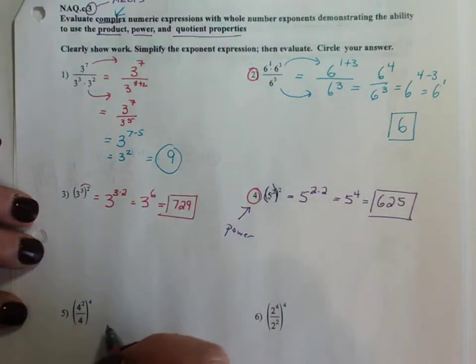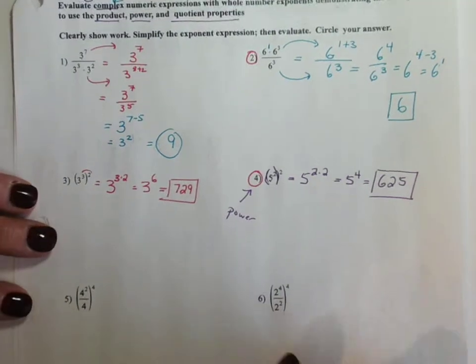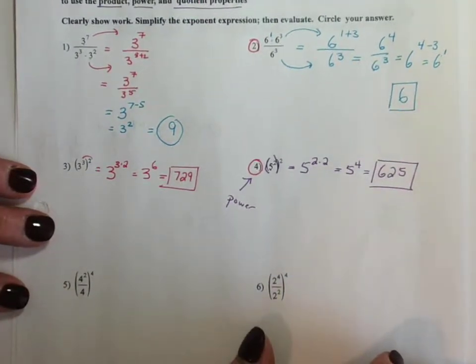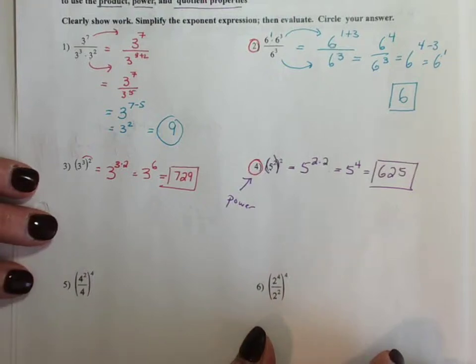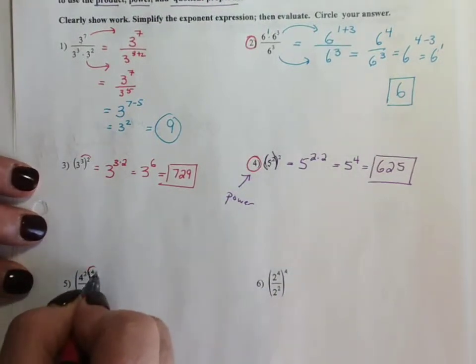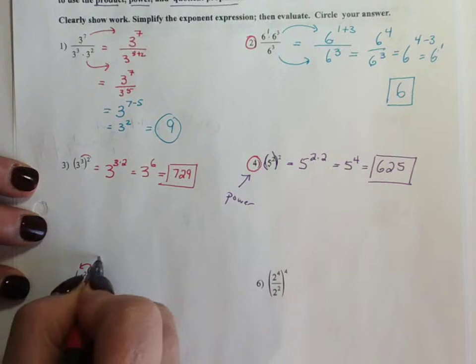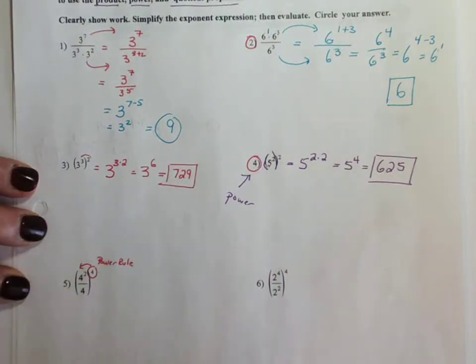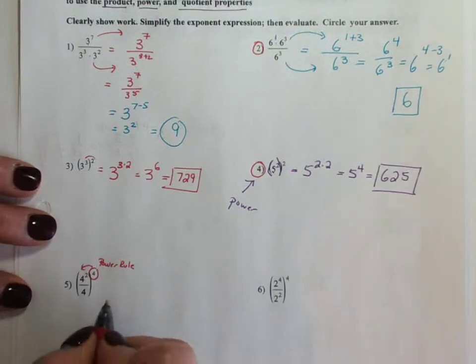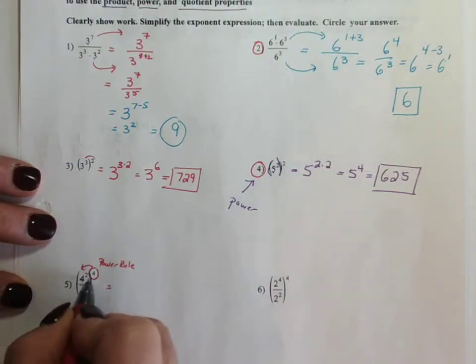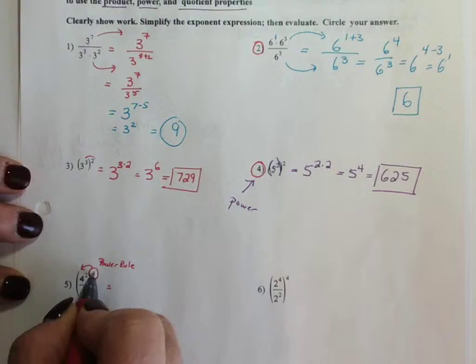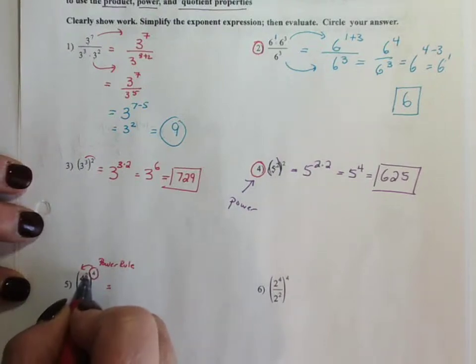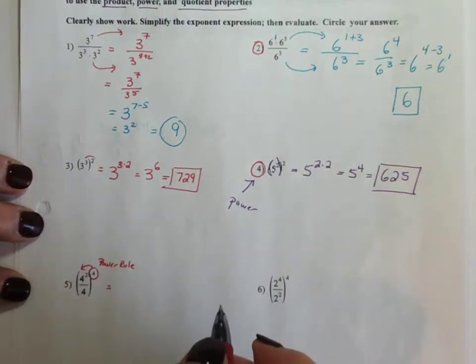Okay, there are two ways to do numbers 5 and 6. I'm going to do them the two different ways. One is to use the power rule. And when I use the power rule, that means that I'm going to take the 4 and distribute it with the numerator and the denominator.